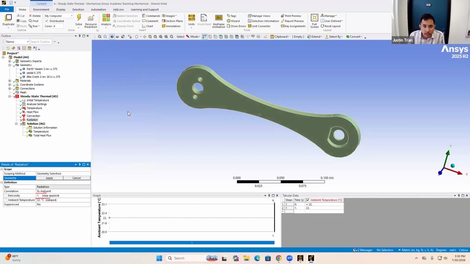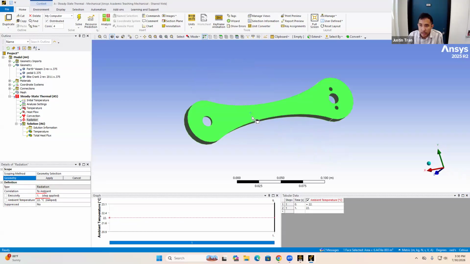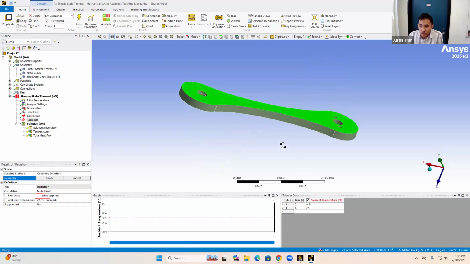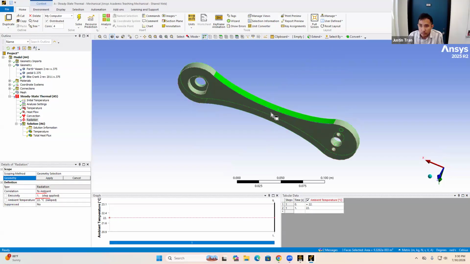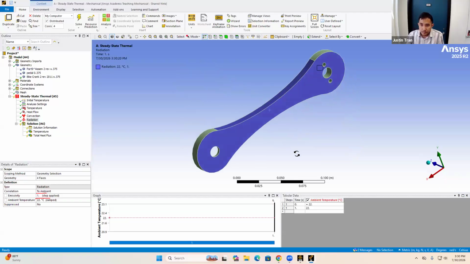And let's also add radiation as well. Same thing for radiation. We need to specify all of the surfaces where heat is going to be radiating from. So let's select all of the exterior surfaces just like we did before. And just like the previous step, we need to set the ambient temperature. So let's set the ambient temperature to 25.